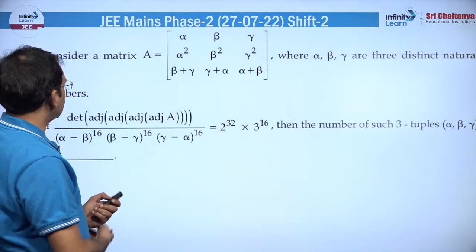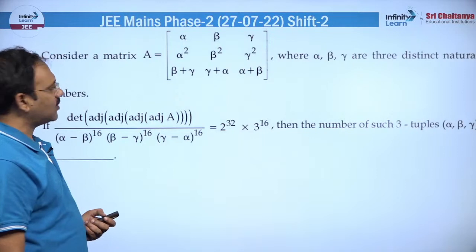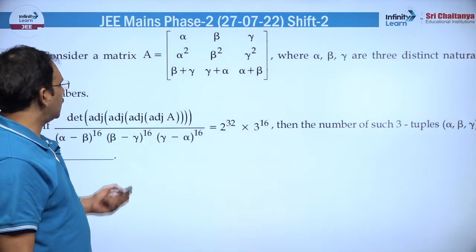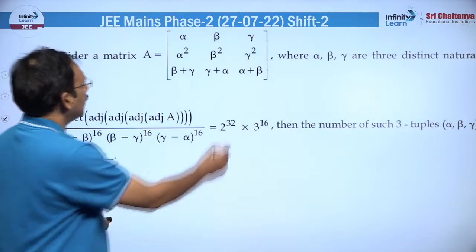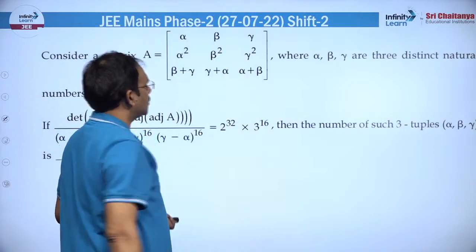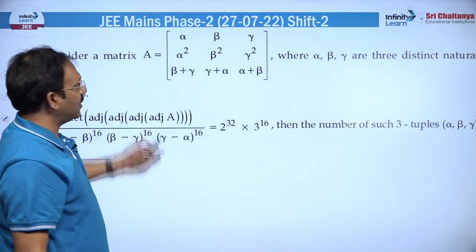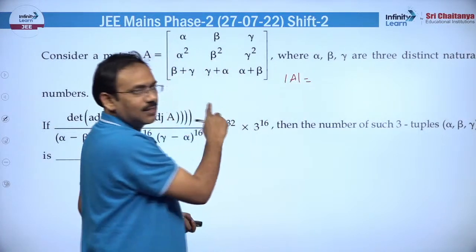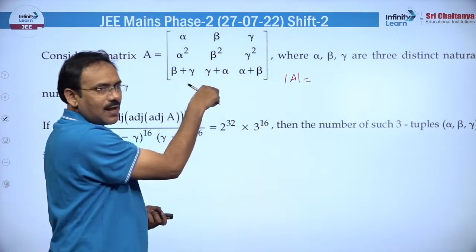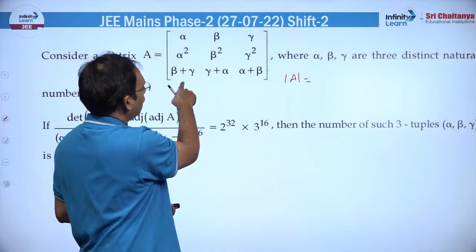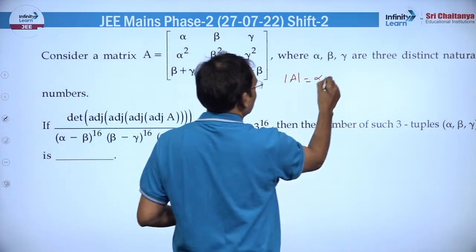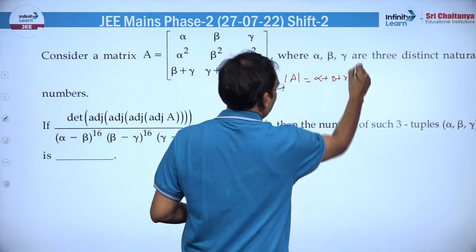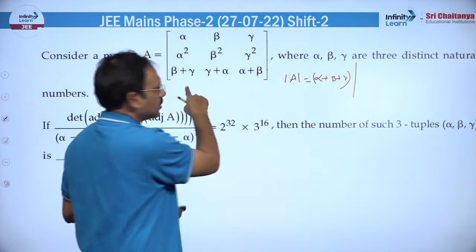Okay. Next, you see this one, a matrix is given, so related to its properties, I think you can arrange this particular matrix determinant det A. If you just apply R3 as R3 plus R1, you will get alpha plus beta plus gamma common from the third row.